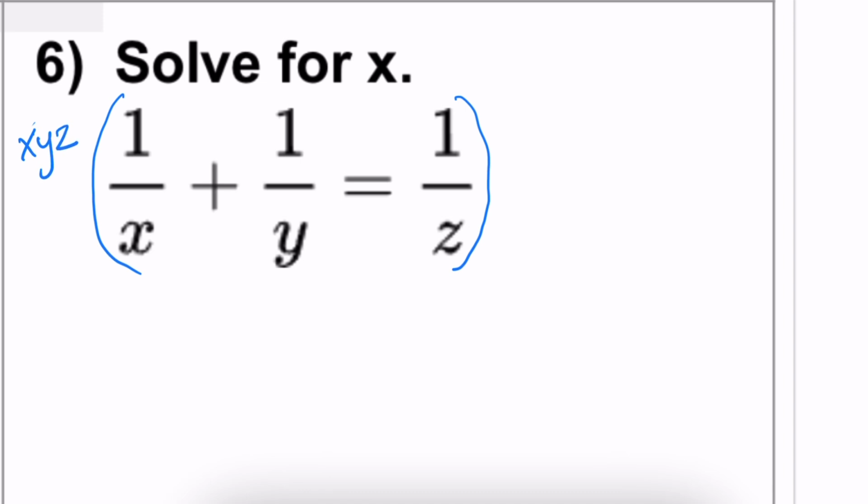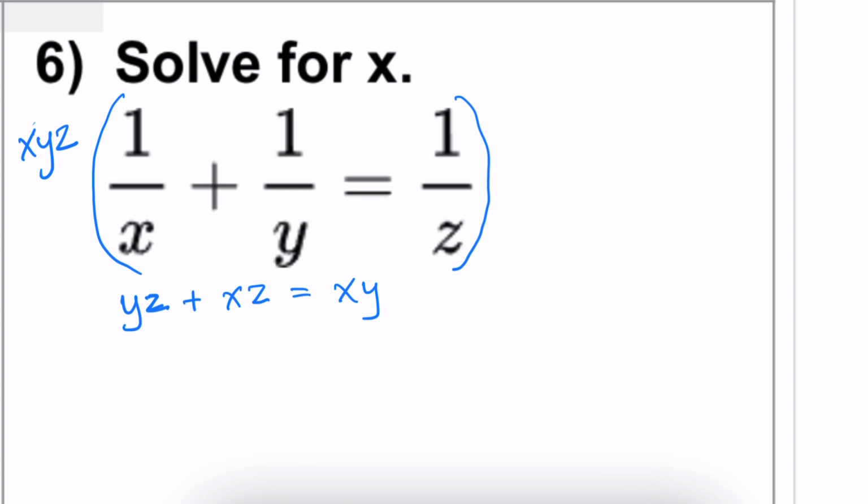And what's going to happen is that whatever letters in your denominator end up getting eliminated, and you're left with the other 2 letters. So for the first one, the x is eliminated, and I'm left with yz. For the second term, the y is in the denominator, so I'm left with xz. And for the last term, z is in your denominator, so you're left with xy. And just like that, your denominators, your fractions are gone.